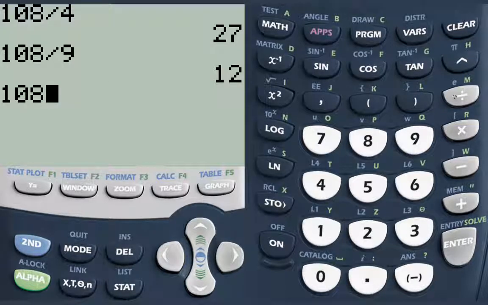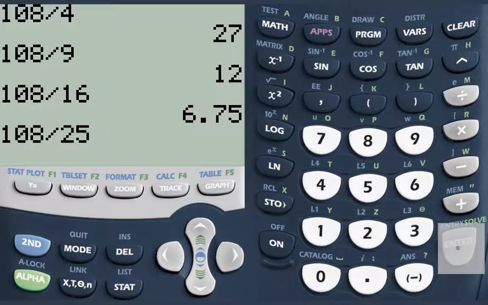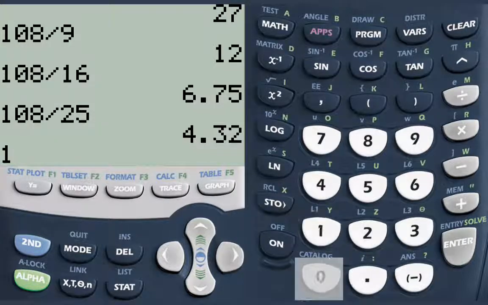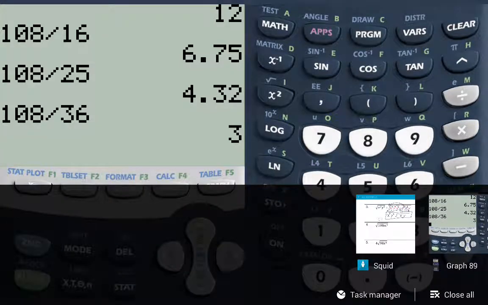Is it divisible by 16? Because the largest perfect square is going to make this easiest. If we can find the biggest possible one, it'll make the simplifying easier. Is 108 divisible by 36? 36 and 3. So that's going to be the biggest perfect square that goes in.